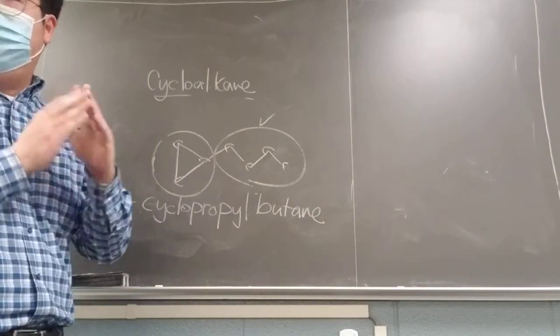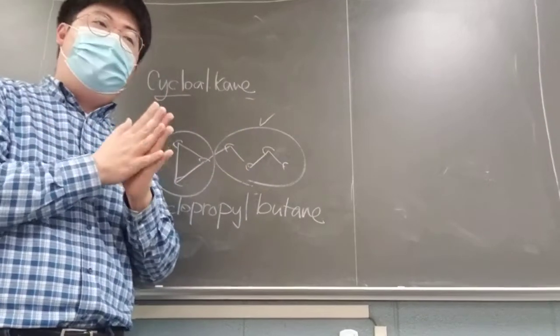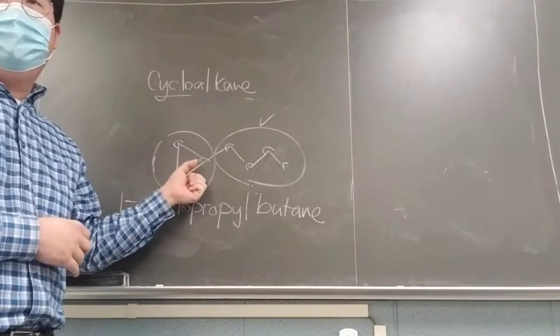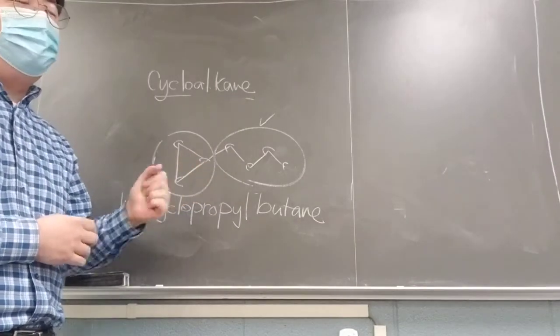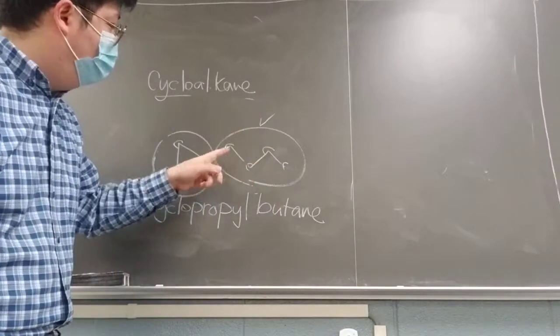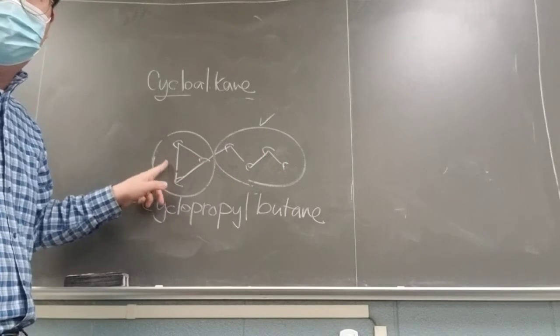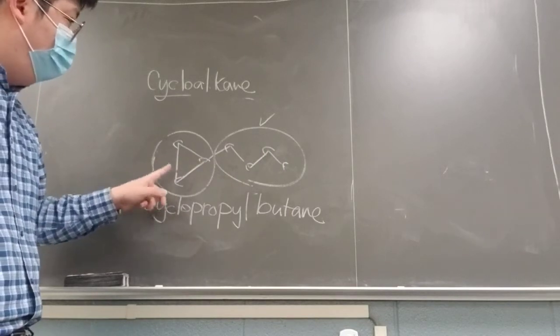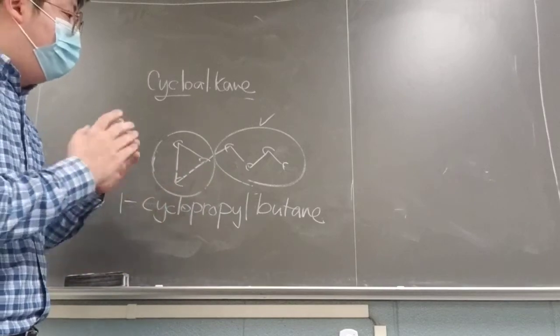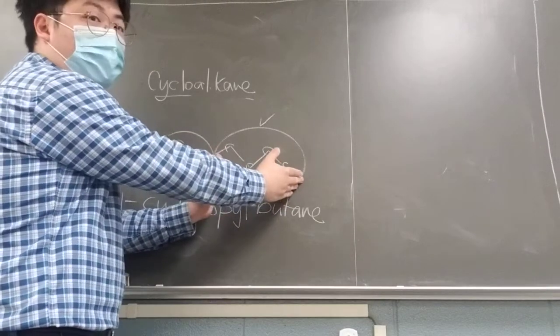But this is a general rule, okay? But if you do still put the ring as a base, it's sometimes okay. If you actually Google 1-butylcyclopropane, or you can say 1-cyclopropylbutane, they are still the same compound. But the general rule is the number of carbons.